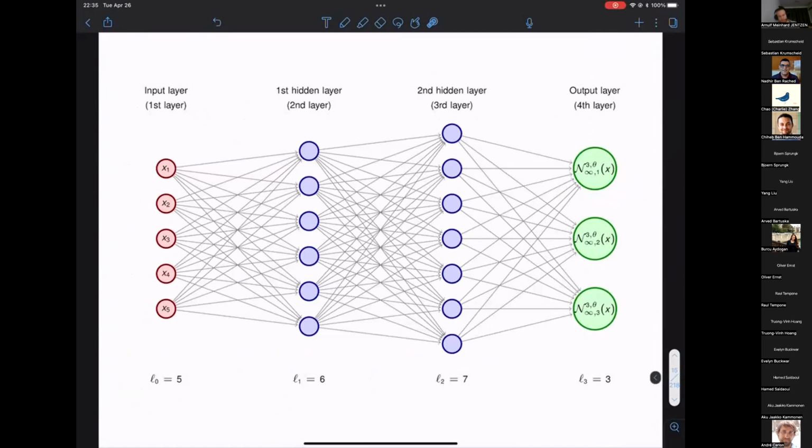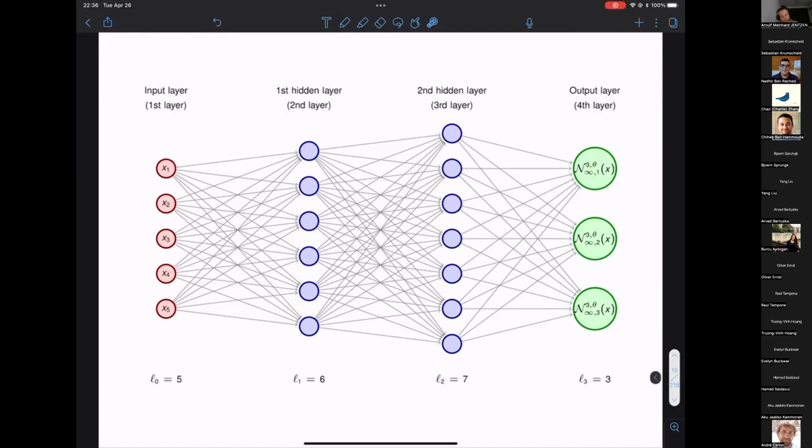This figure illustrates the realization function of an artificial neural network from the R5. There are 5 neurons on this input layer, and each of these neurons corresponds to 1 dimension of the argument space, and into the R3. Each of these nodes corresponds to 1 dimension in the codomain of the function.